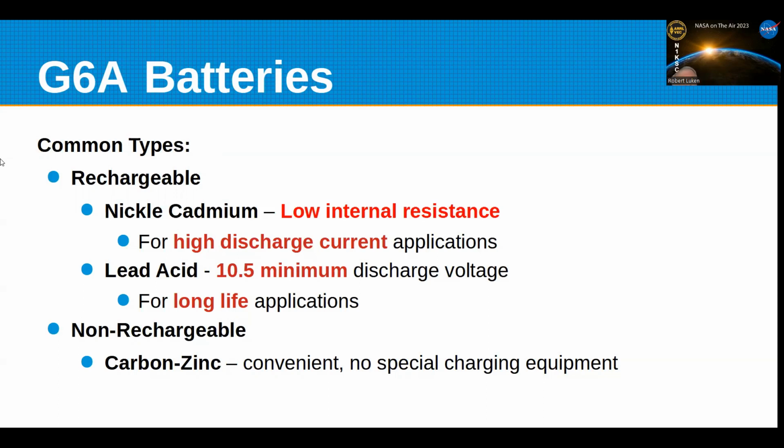If you get down below 10.5 volts, not very good for the battery. But you tend to use lead acid batteries for very long life applications because they do last long. And then we have non-rechargeable, which is your typical carbon zinc flashlight battery, which I've tried, you cannot recharge them.